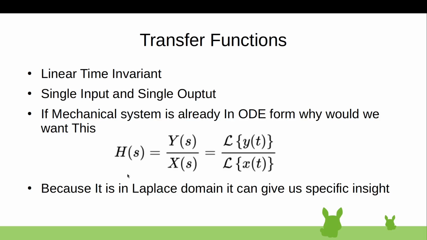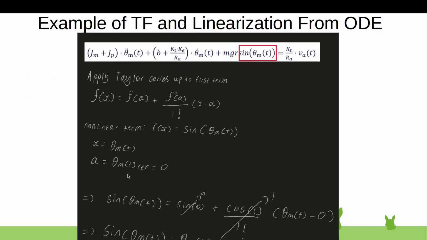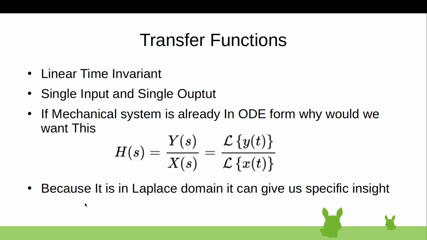And it gives you specific insight in terms of stability, the step, impulse and ramp response, and the pole locations in the pole-zero map, but I'll talk about this in a moment. First, actually, before I go any further, I want you to write some things down.